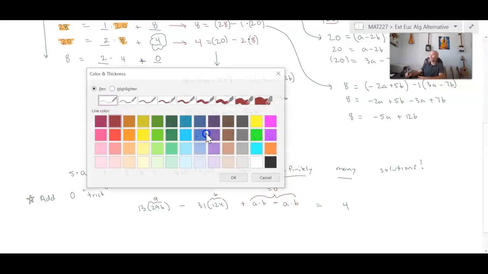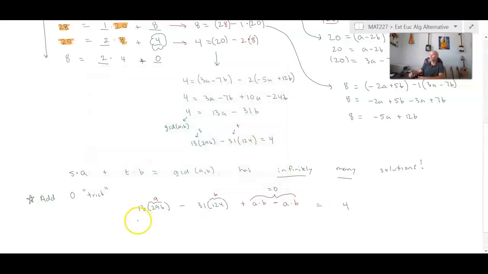But the power in doing this is I'll have 13 times 296 minus 31 times 124 plus a times b. Okay, so plus 296 times 124 minus 296 times 124. And that all equals 4.